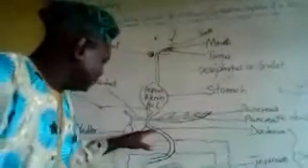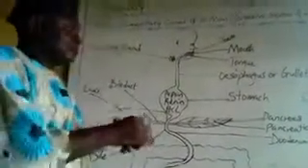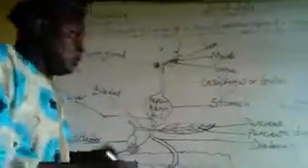In the duodenum here, the food has turned into chyle. It's now in a liquid form.